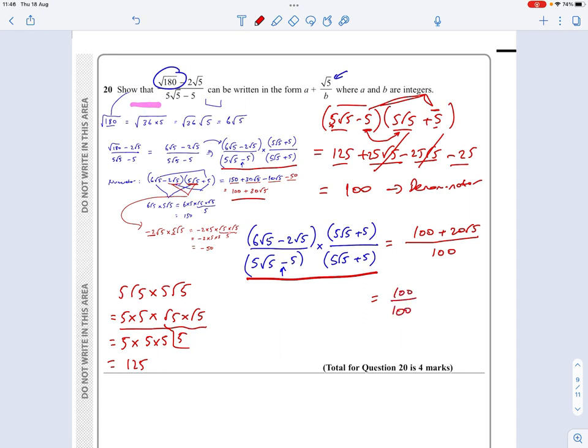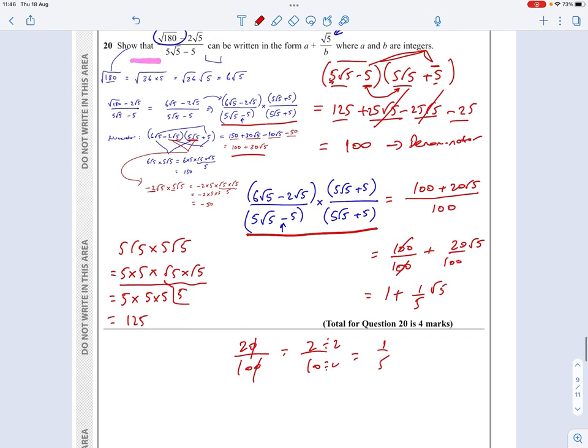Again, we can split the fraction: 100 over 100 plus 20 over 100 root 5. 100 over 100 gives us 1 when you divide them. Plus simplifying 20 over 100 by dividing by 20 gives 1 over 5. So we get 1 plus 1 over 5 root 5.